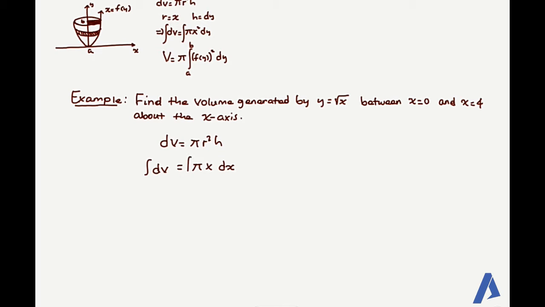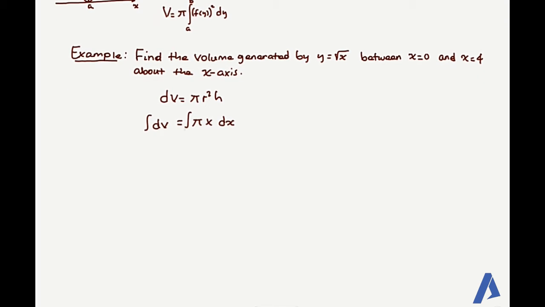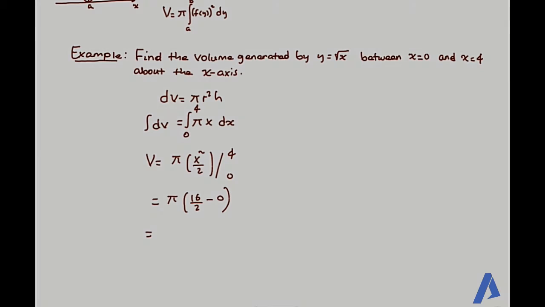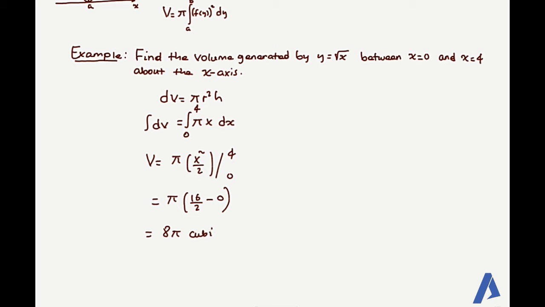Integrating both sides between x is equal to 0 and x is equal to 4 ነው የሚለው። ስለዚህ ከ0 እስከ 4 ነው ኢንተግራላችንን ካልኩሌት የምናደርገው። Our volume is equal to pi, a constant, times x square over 2 from 0 up to 4. Evaluate ካረግን በኋላ our final answer 8 pi ይመጣል cubic units.